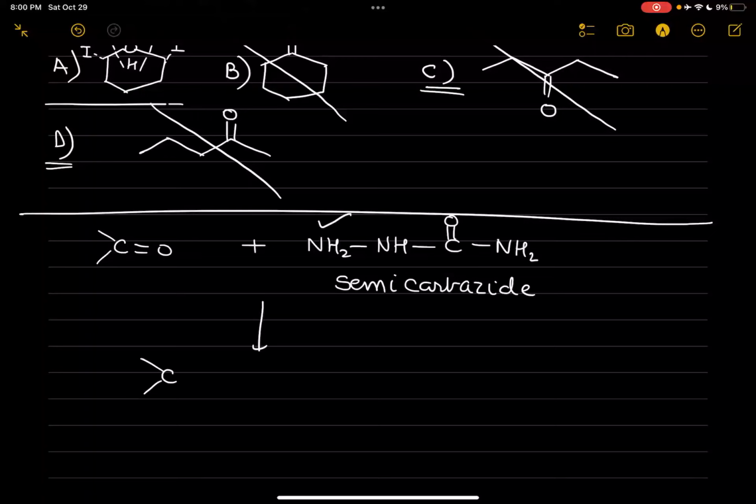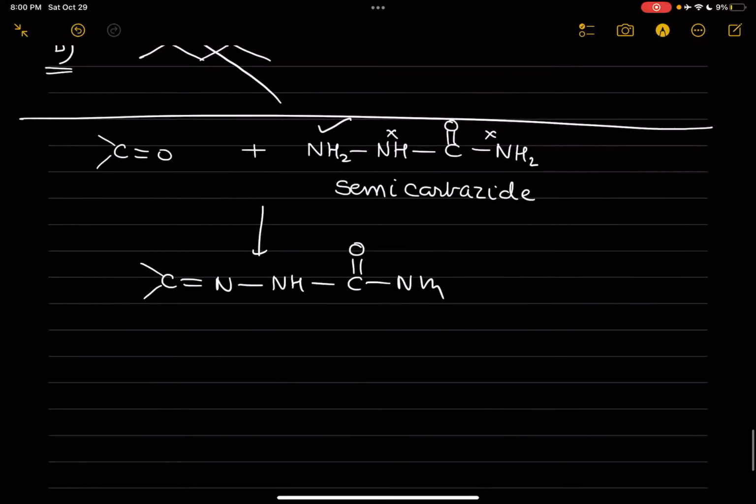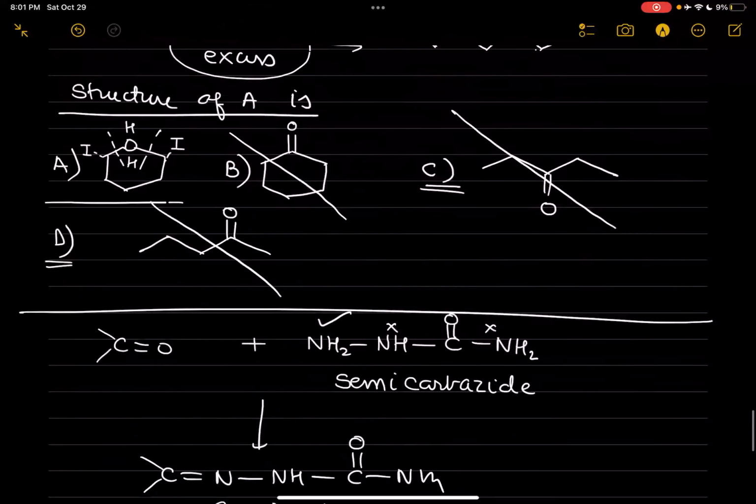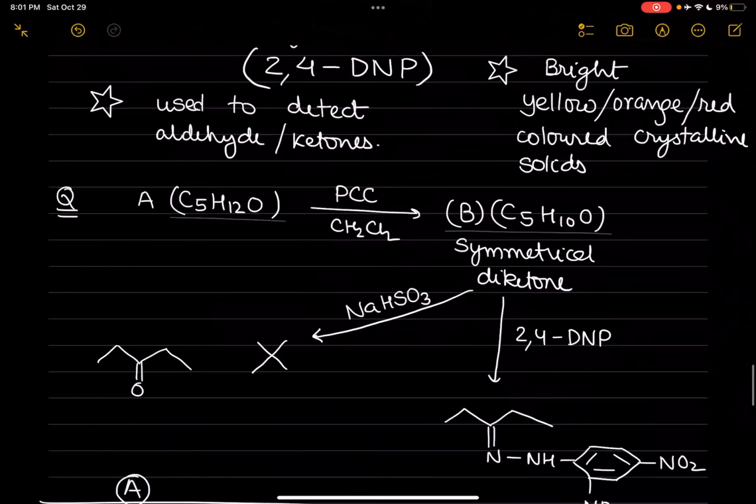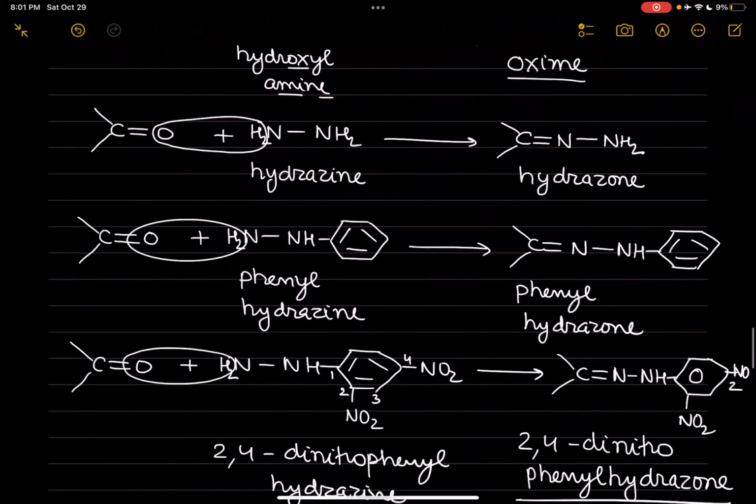You are going to react not this one or this one because they are in resonance, so their lone pair is not going to come and join. The product is semicarbazone. This is also one of the same series of reactions which we have written. Just write it. Okay, just go through them.